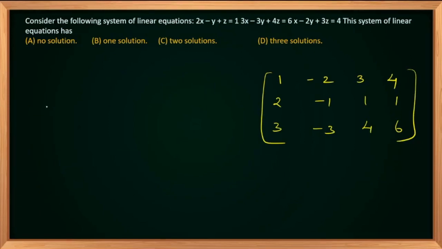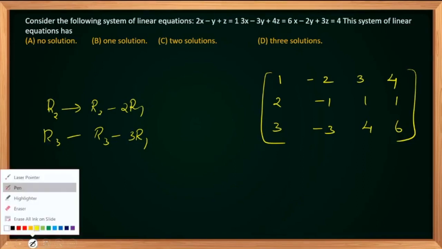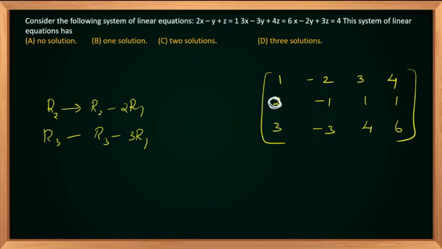Let's see. R2 changes to R2 minus 2 times R1. R3 changes to R3 minus 3 times R1. So what will be the answer? This will turn out to be 0. This will turn out to be 0. Minus 1, minus 4.